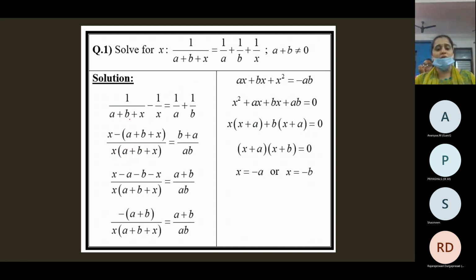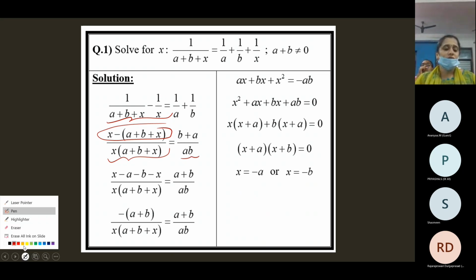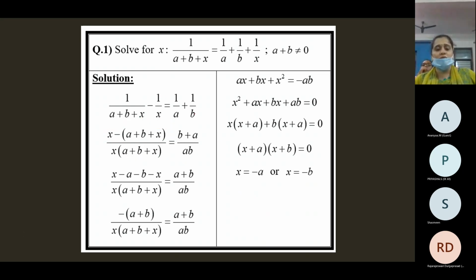Okay, so common denominator, and then getting the numerators correctly. Here the same thing: common denominator is AB, and then this is into B and this is into A. So B plus A. That's the first step. The first step is actually having the X terms on one side and the terms which do not have X in it on the other side.